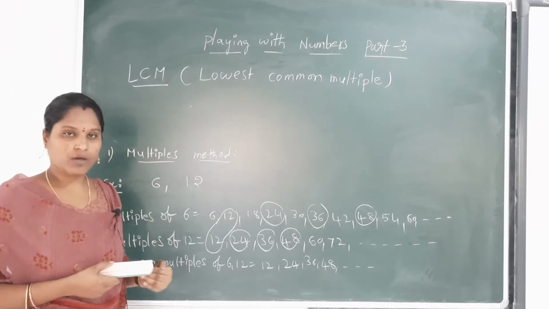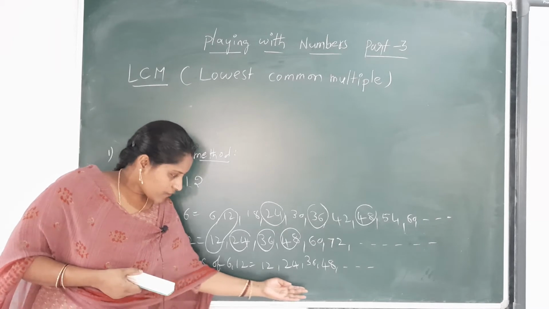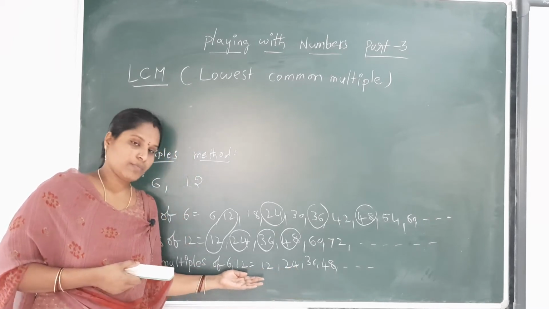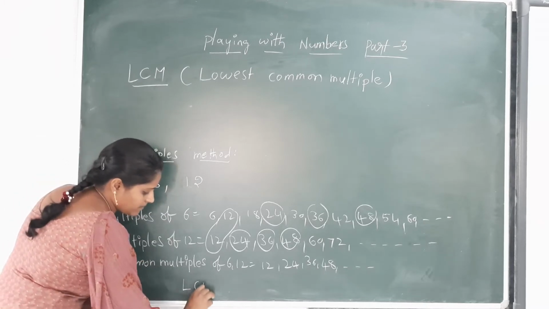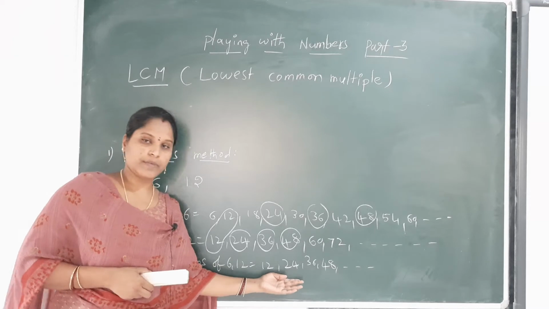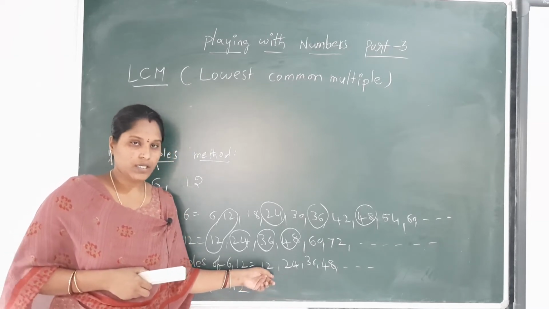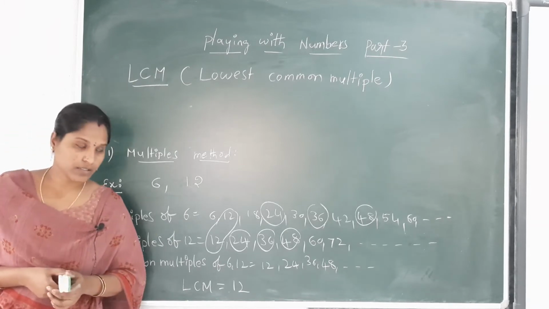LCM means lowest common multiple. From the common multiples of both numbers, the least one is the LCM. Then the LCM is 12, because from this group of common multiples, 12 is the least one. So the LCM is 12. This is the multiples method.